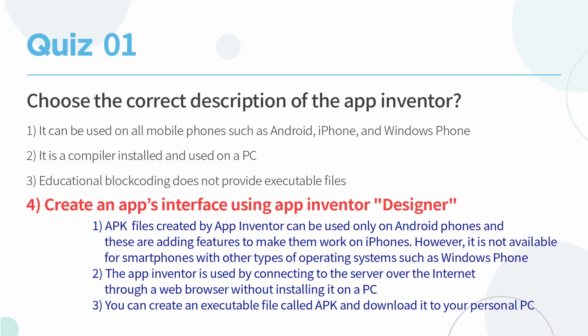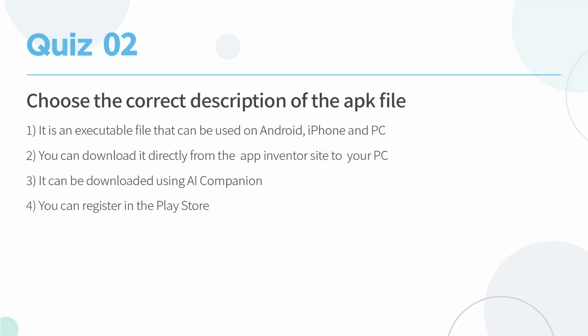And number 3, you can create an executable file called APK and download it to your personal computer. So number 4 is right, and the others are incorrect.